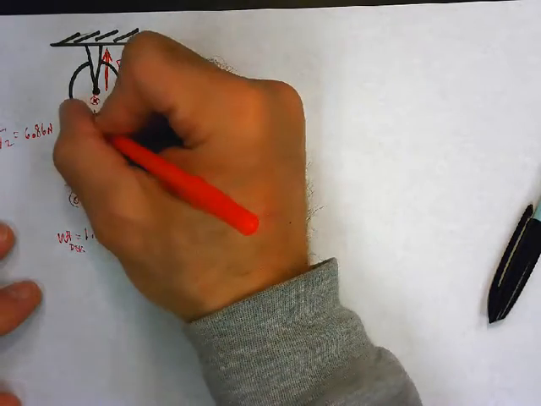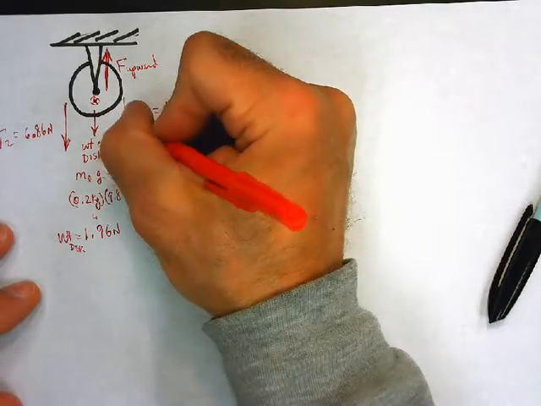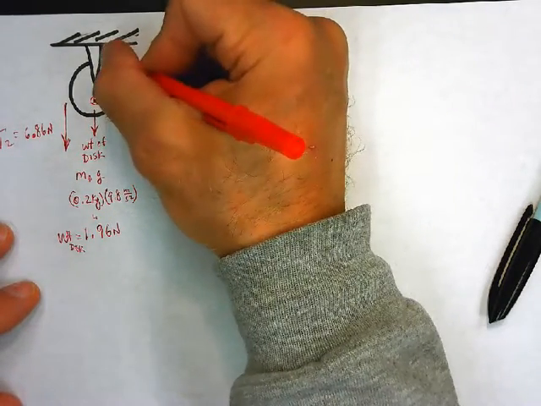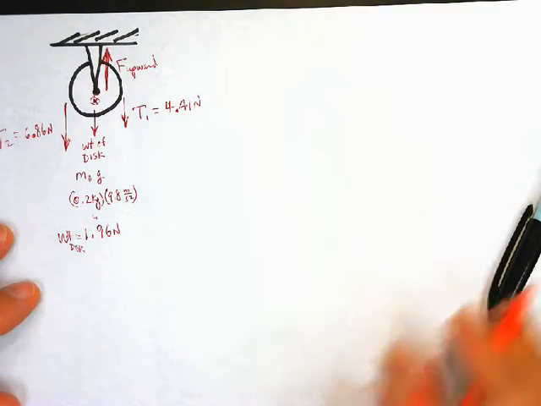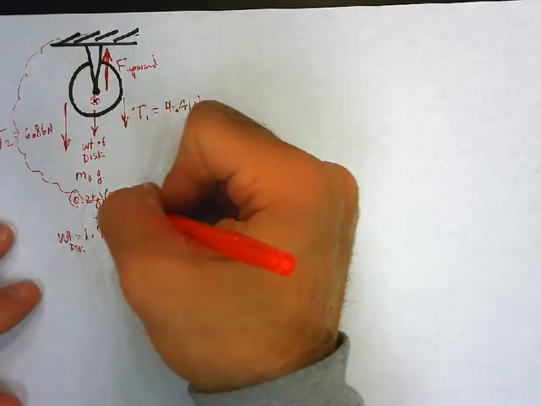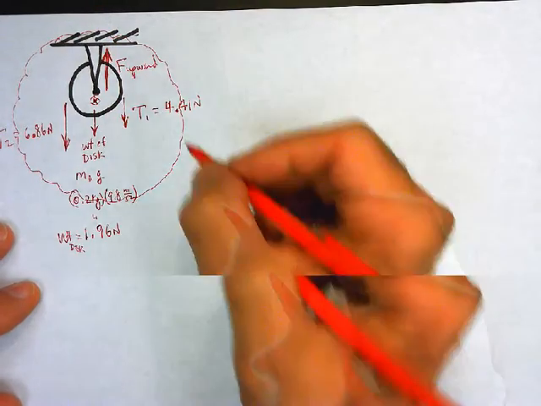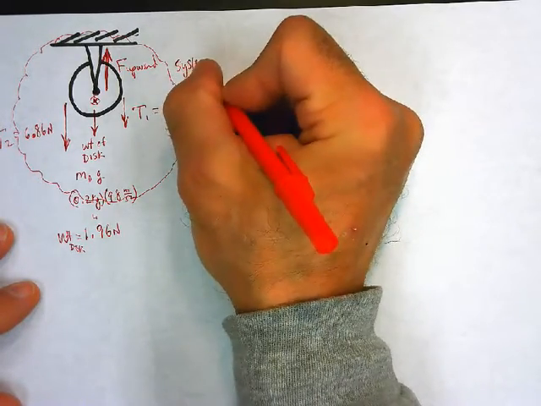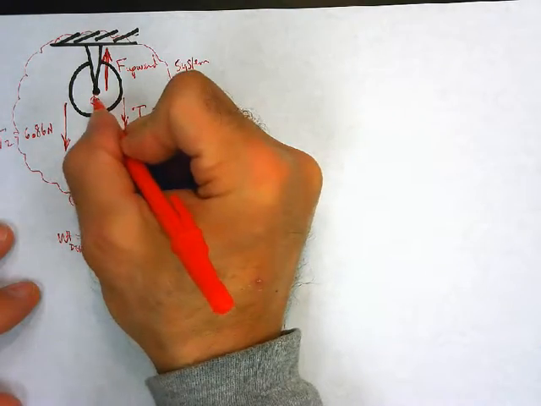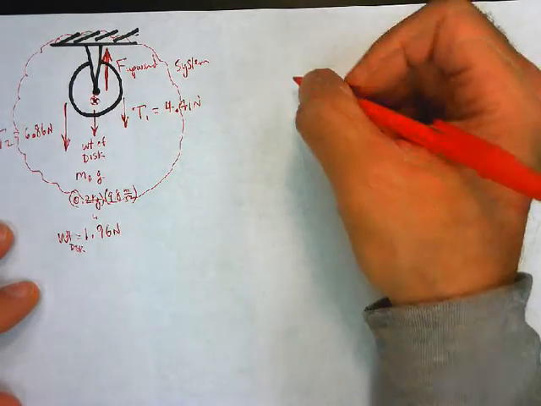Okay, so we have three downward forces acting on the pulley, and we have the bracket's upward force acting on the pulley. And for this whole system, the center of mass is not changing. So therefore, the center of mass is our point object in this case. I can redraw it.